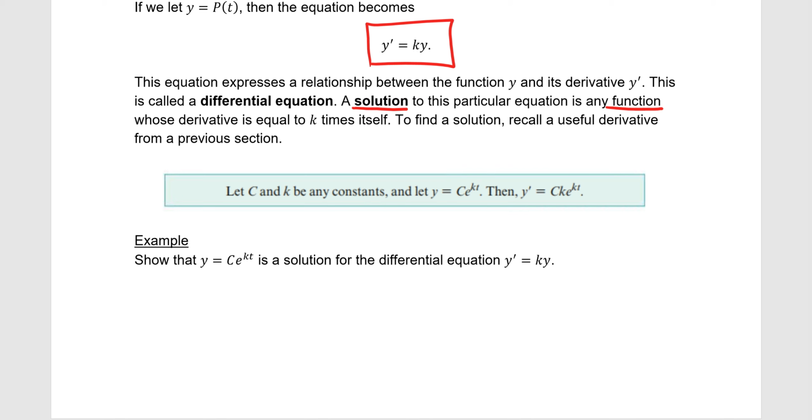If we have a function y equals c e to the kt, where c and k are constants, and we take the derivative of that function, we get y prime, which is c times k e to the kt. Taking the derivative with respect to t, that's the chain rule. You have to remember to multiply by the derivative of the exponent, which is just k.